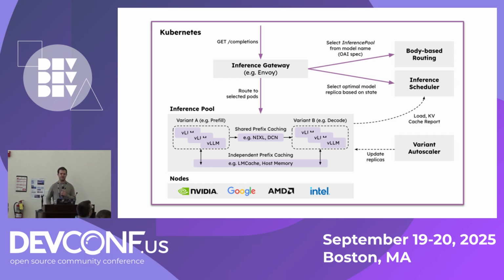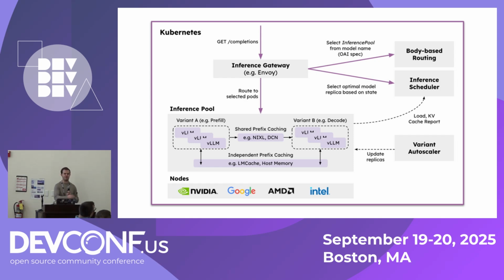So for instance, if a request comes into the system, Gateway will use what's called an ExtProc to send the request out to an endpoint picker, which we call the inference scheduler. The inference scheduler can execute arbitrary logic for scheduling things onto the cluster. It should have a view of the load and the current KV cache state inside of each replica, and the inference scheduler makes the decision about where the request should go. And then inside of the inference pool, we can do arbitrary configurations.